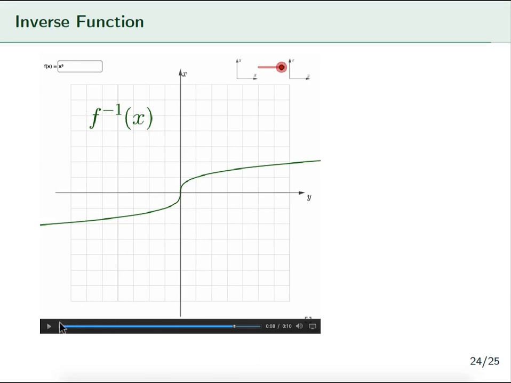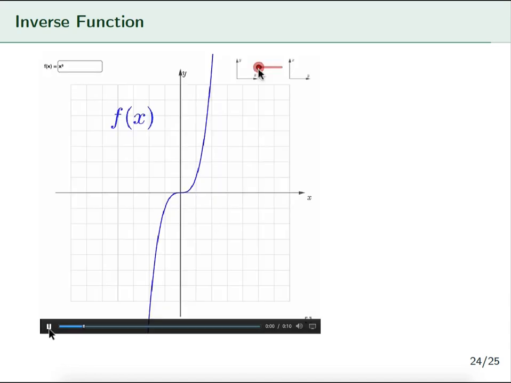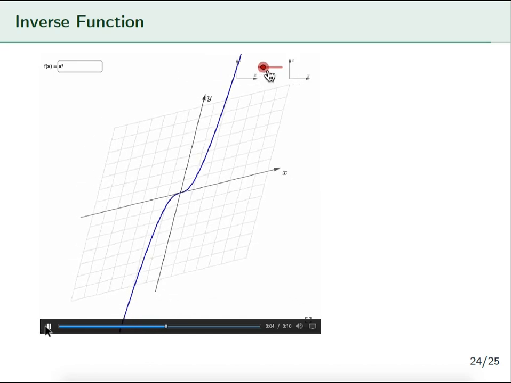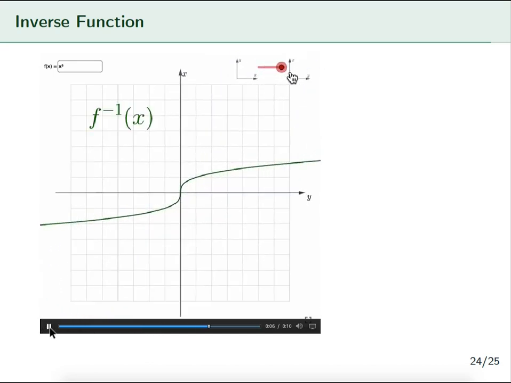So let me play it one more time to show the inverting process. You can also think of it as rotating around the y equals x line right here. Imagine an invisible line. So we just inverted the function x cubed, and we got this graph as the inverse function.